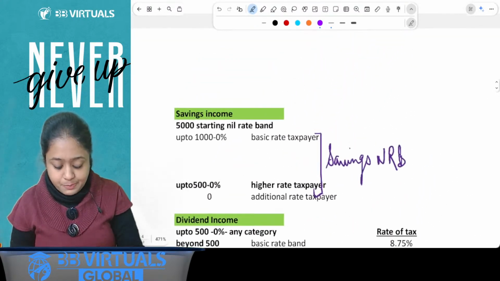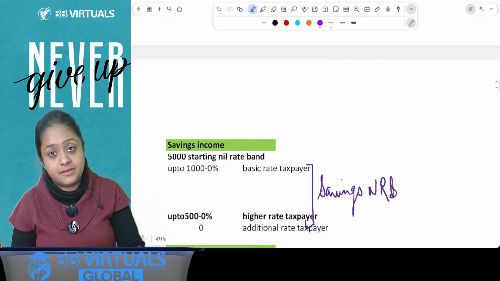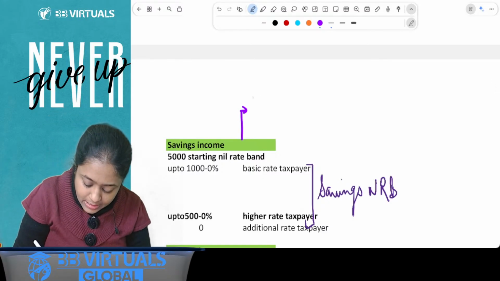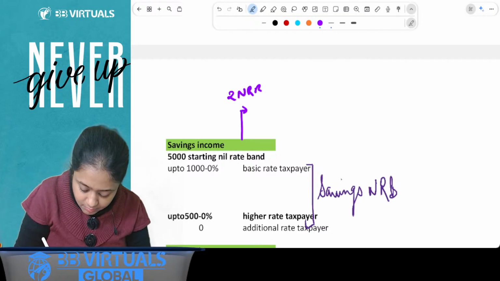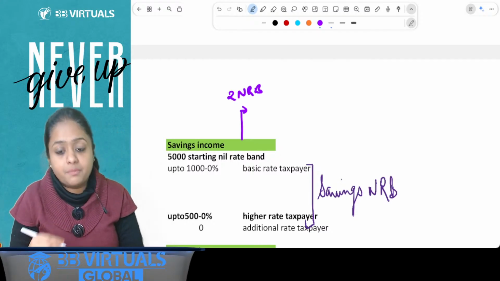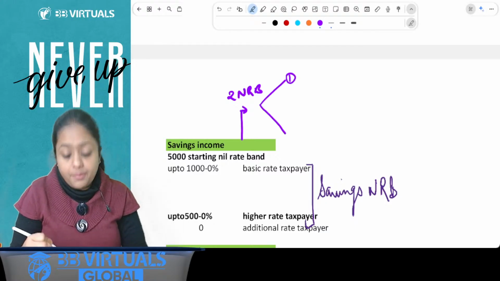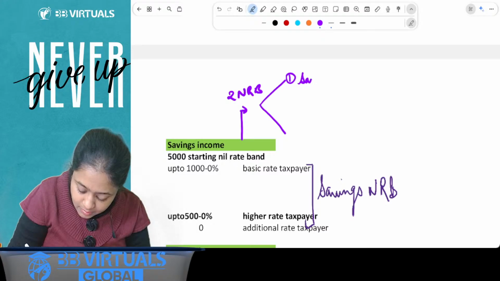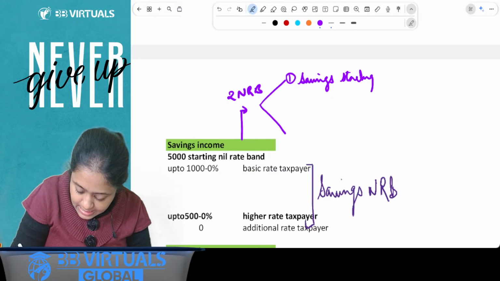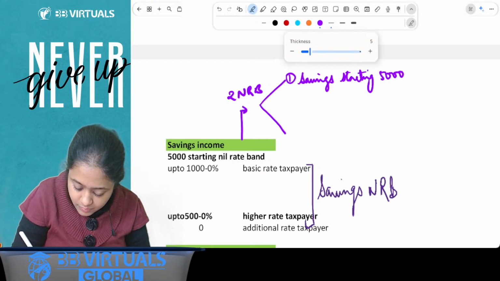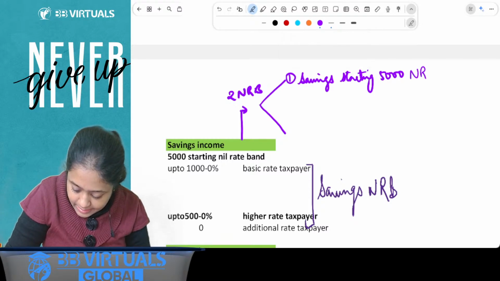First, I will take the special rule for savings income. So guys, savings income has two nil rate bands. And what are the two nil rate bands? Number one is known as the savings starting 5,000 nil rate band.